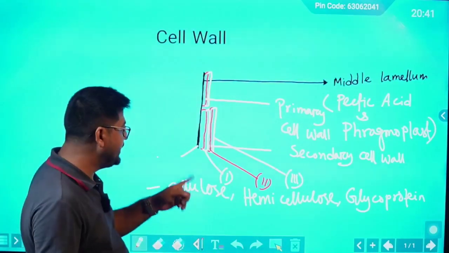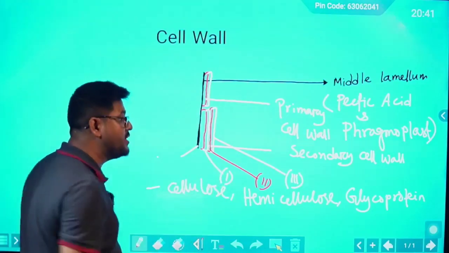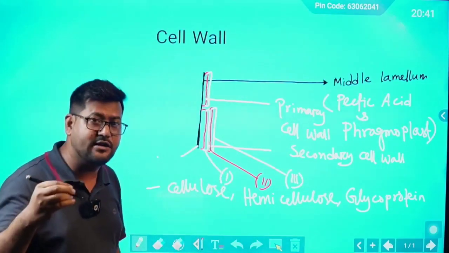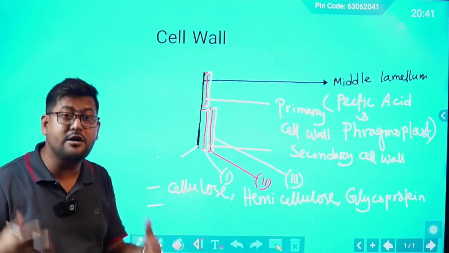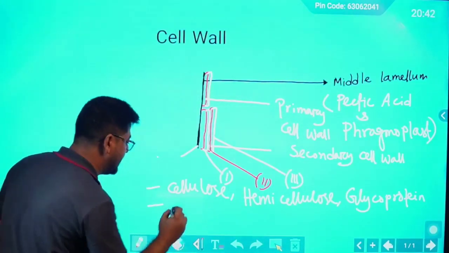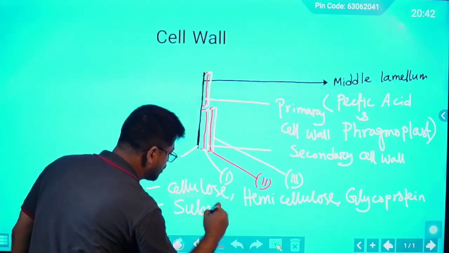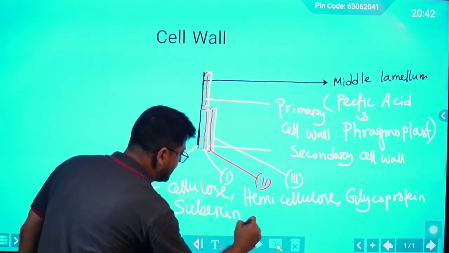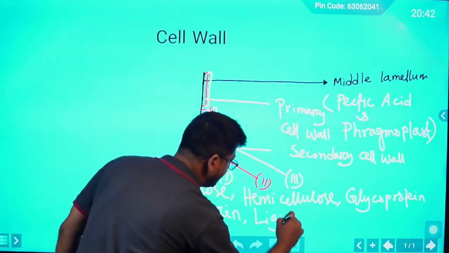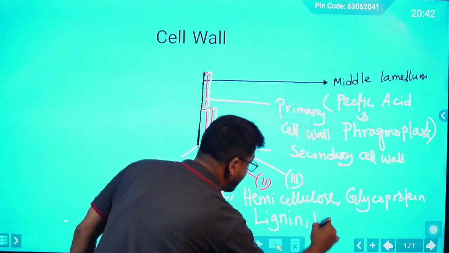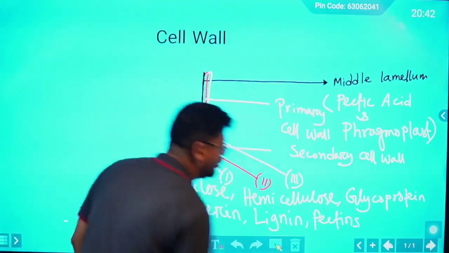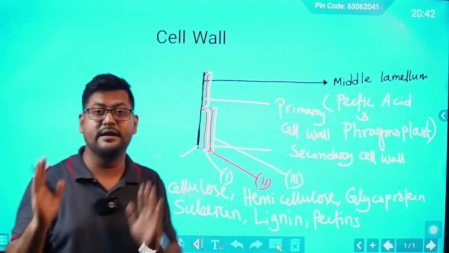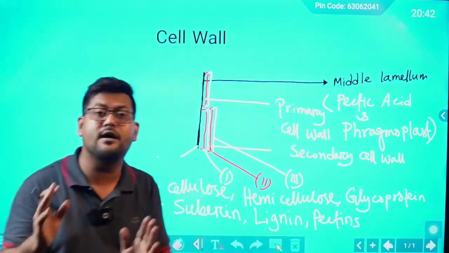But when it develops a layer over the primary, the secondary cell wall, at that time some additional hard chemicals can be added, like suberin, okay, like lignin and pectins, which are very solid. Look, pectic acid is liquid in form, pectins are solid in nature.